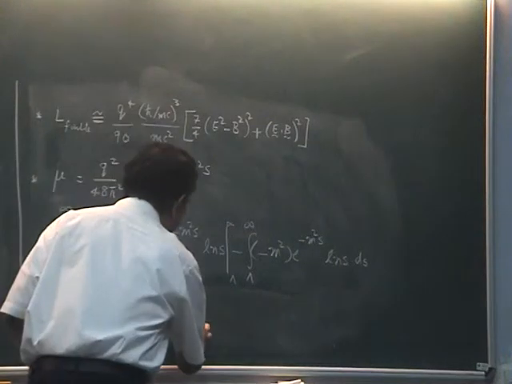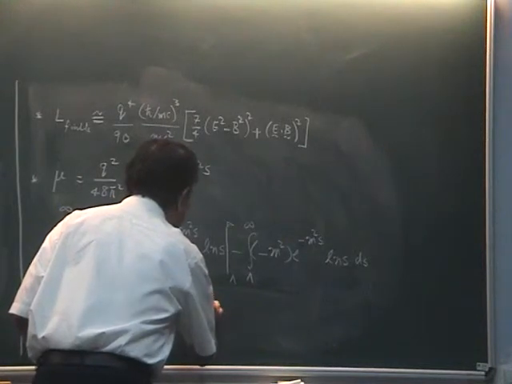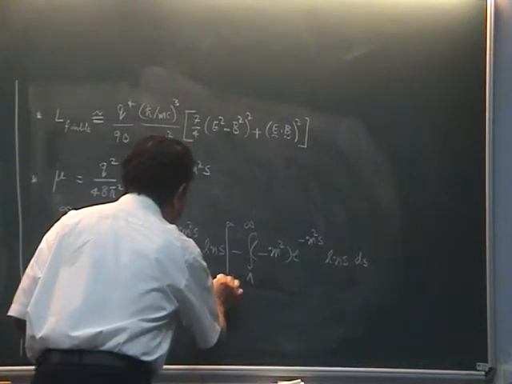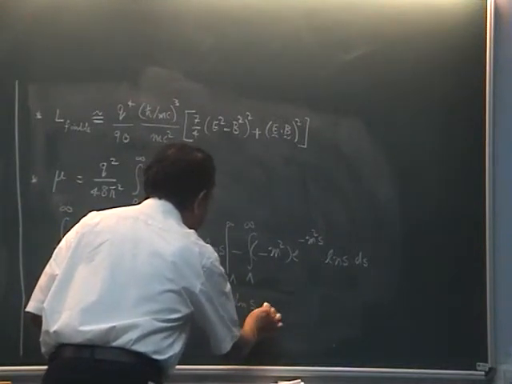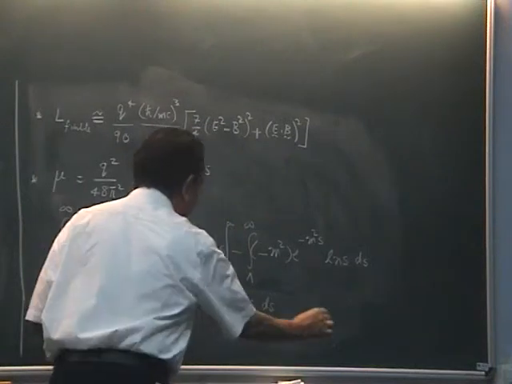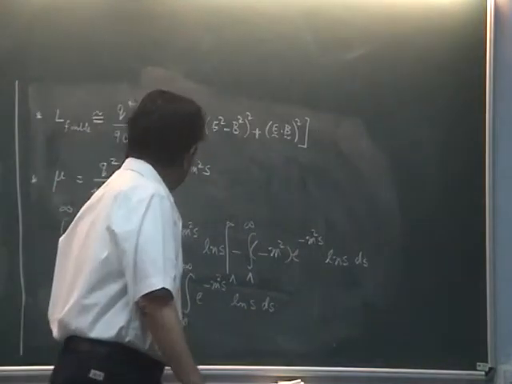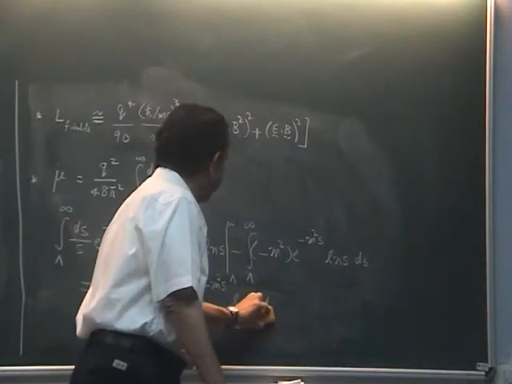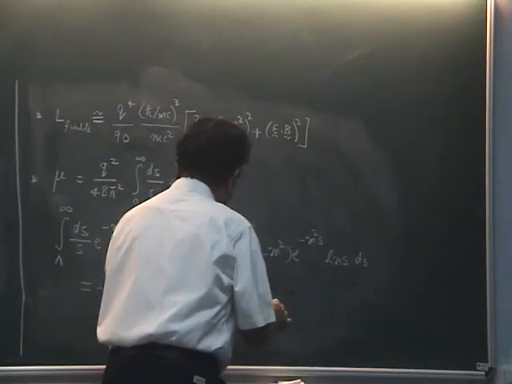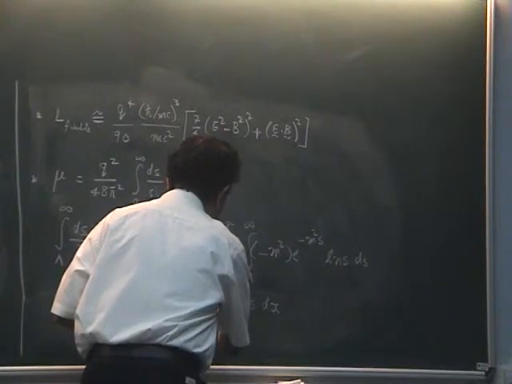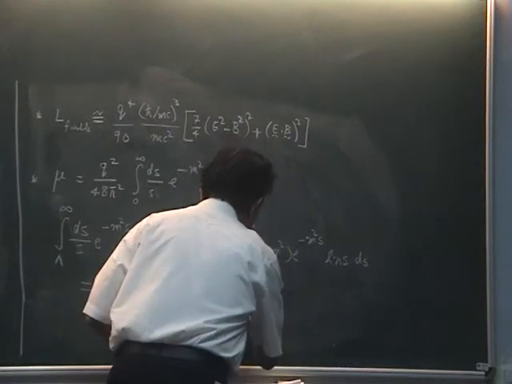This is finite, so I can put 0 here, 0 to infinity, e to the minus m square s log s dx. Okay, we play the same game again. m square s I will call x, so this becomes dx. This is x, so this is x by m square.